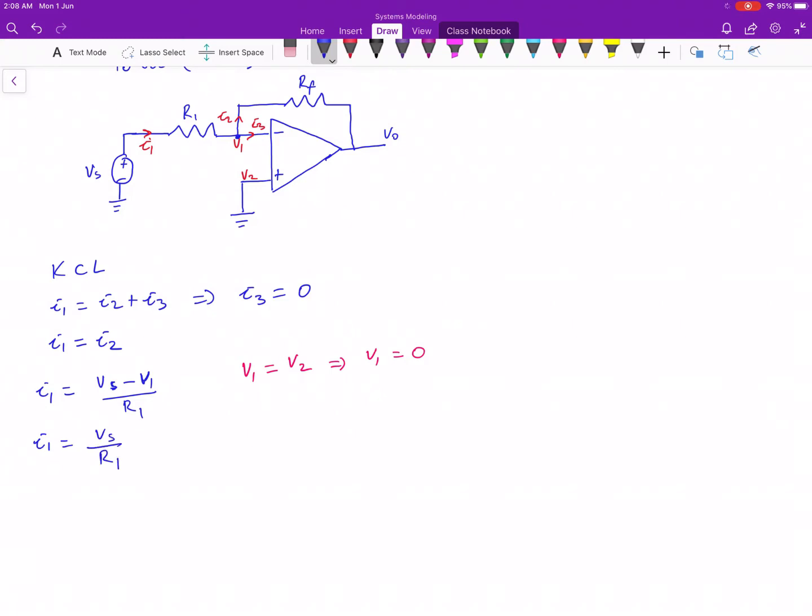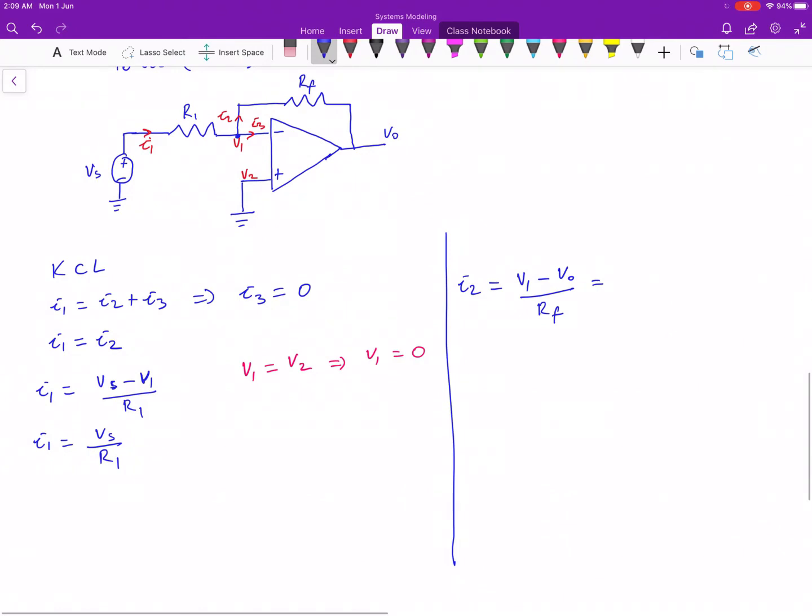What about the current that is going through Rf? We can say that I2 is equal to V1 minus V0 over Rf. We know that V1 is equal to 0. So we can say it's 0 minus V0 over Rf. Hence, I2 is equal to minus V0 over Rf.